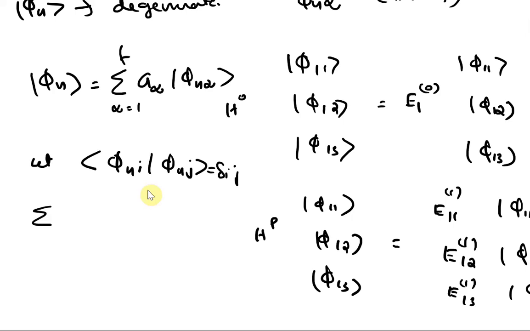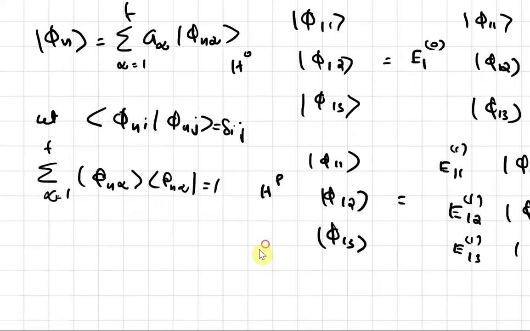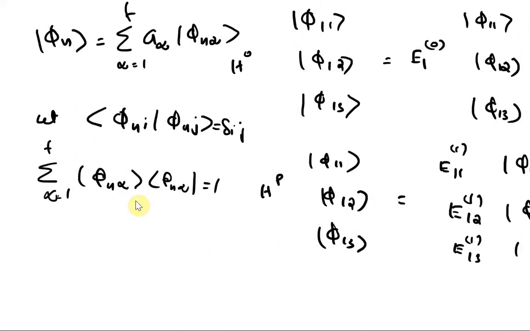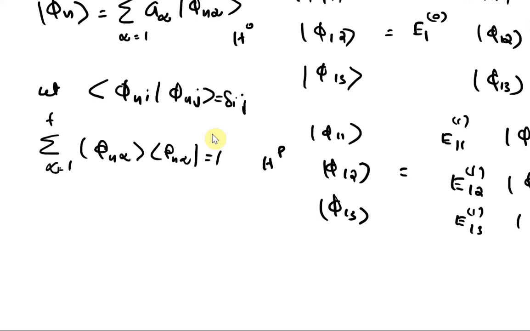And if you want the completeness rule, with the states running from alpha equal to 1 to f, the sum of phi n alpha phi n alpha is equal to 1. This is because of our consideration that the subspace I am forming is orthonormalized, and you can take it all the time. But the spaces have some speciality that we can see later.